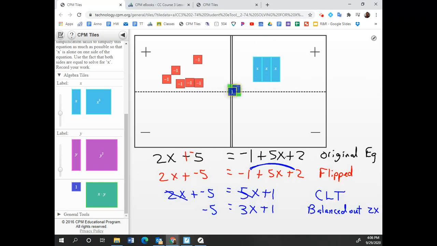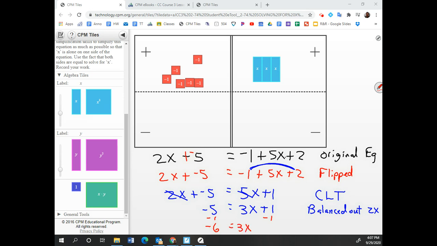So by adding 0, it allows me, I added a negative to both sides, so it's like I took that away, all right? So I end up with a negative 1 here and negative 1. 1 and negative 1 cancel out. I'm left with negative 6 equals 3x, okay?